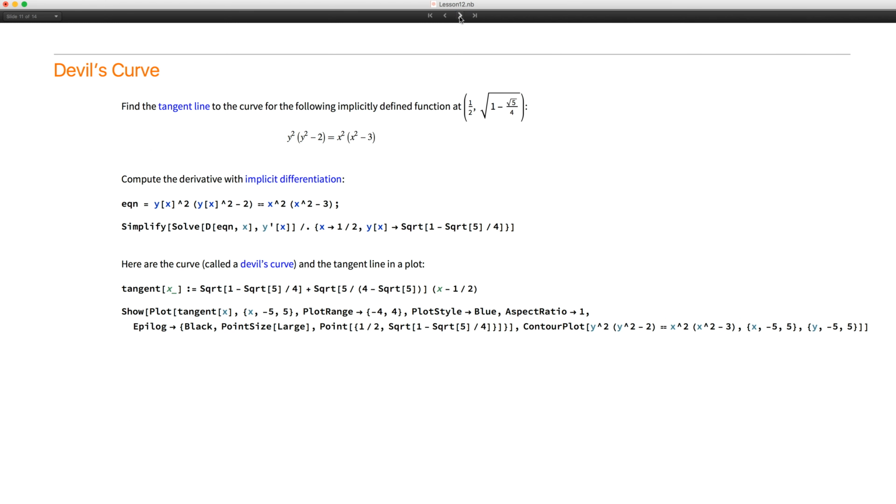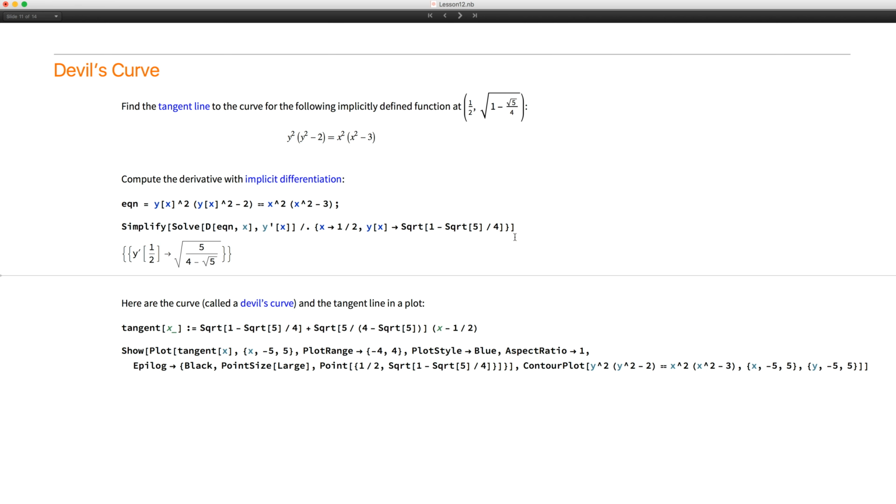Another example is the so-called devil's curve. Now it doesn't matter how difficult or easy the equation looks. You do just the same thing. You take the equation, replace y by y of x everywhere. Do just the same as before, but now plug in the correct x and y values. And when you do that, you get back the slope. Write down the equation of the tangent.